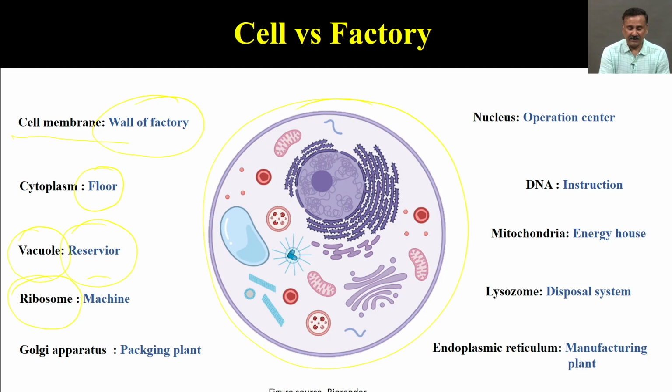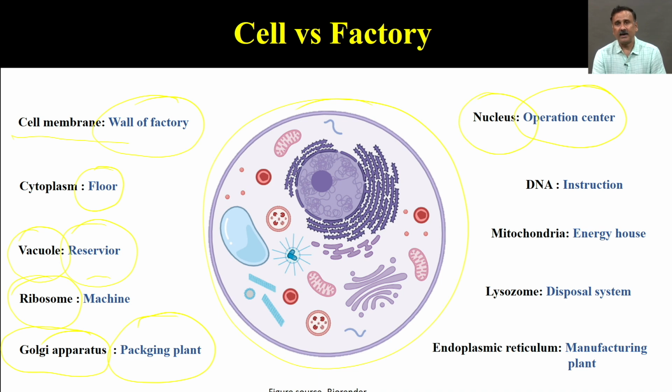Once the product is formed, it has to be packed. For that, within the cell we have the Golgi bodies, whereas in the factory we have the packaging plant. In the factory you also require controlling machinery, an operation center, and the same job is done by the nucleus within the cell.